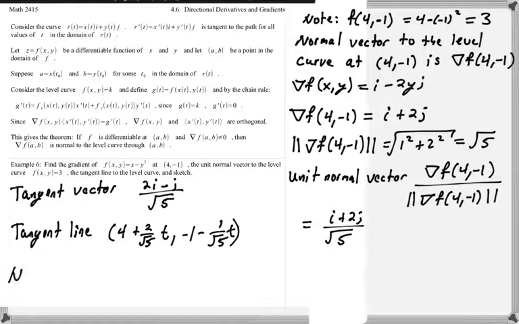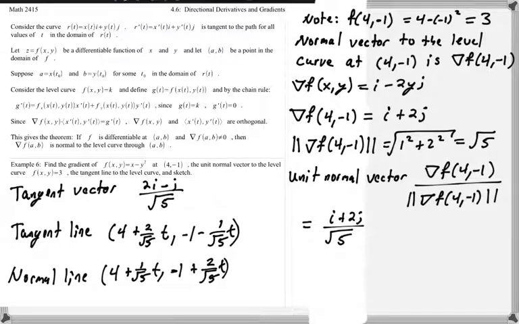Okay, and then we'll do the same thing for the normal line, and then we'll graph this and take a look at what we got going on. So the normal line is going to be 4 plus, and then from the normal vector it's i over root 5, so 1 over root 5 t, comma, negative 1 plus 2 over root 5 t, and that'll be our normal line.